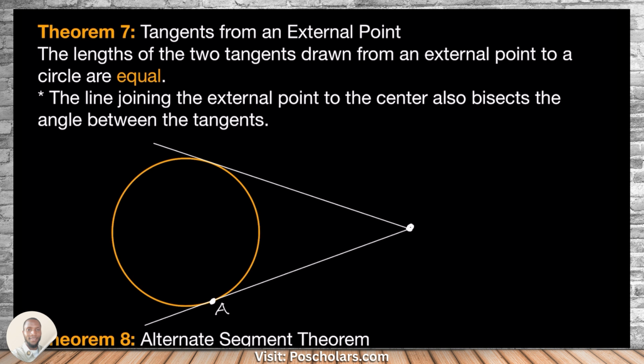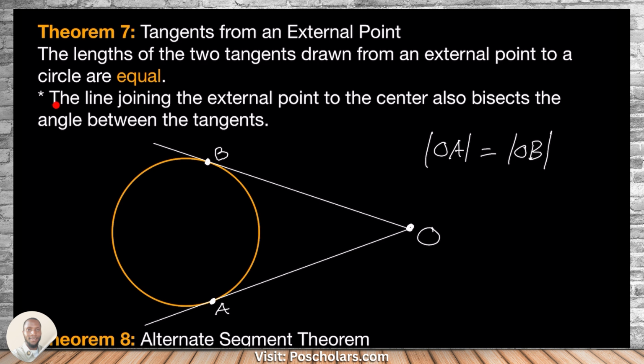Let me label it A. This is the point of intersection for the second tangent. Let me label it B. Let's label the external point O. So the theorem is saying length OA is equal to length OB. So let's write it: line OA is equal to line OB. So that's what the theorem is talking about.